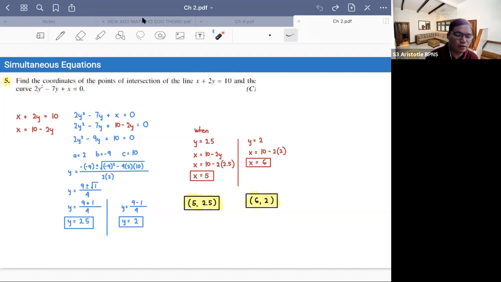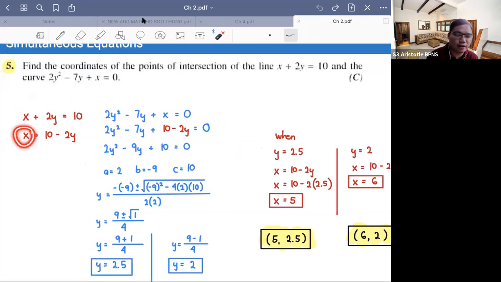So first things first, the first step is to choose the linear equation. Okay, so that's what I did. And then I see x here, so I'll just make x the subject of the equation. So x equals 10 minus 2y. All right, and then after this, you go to the other equation, which is this one, and substitute this in place of x.